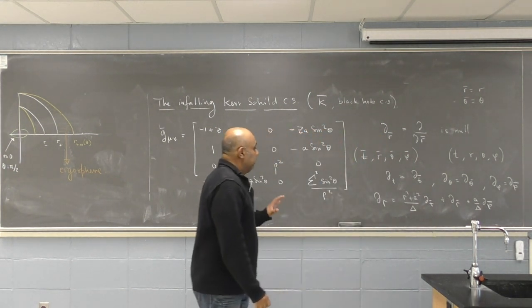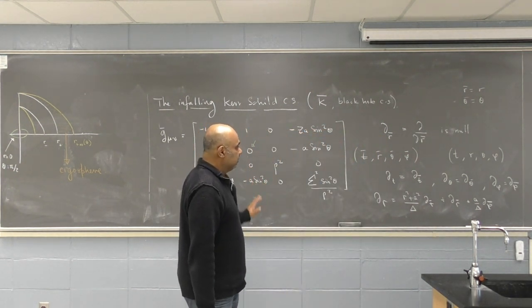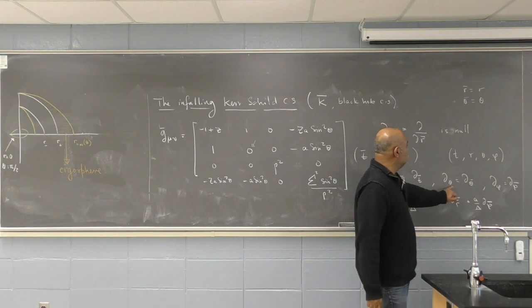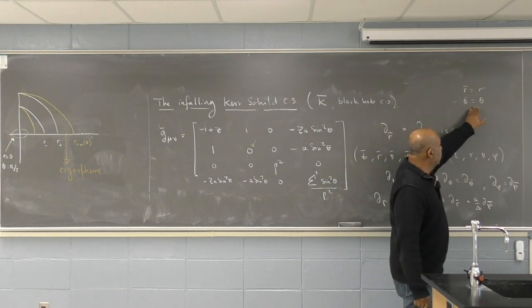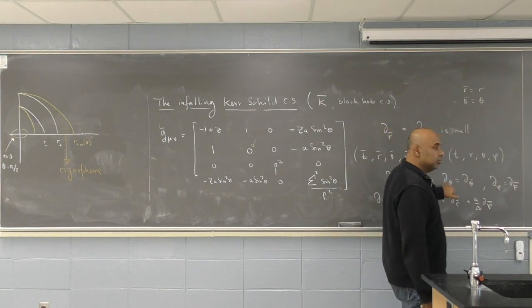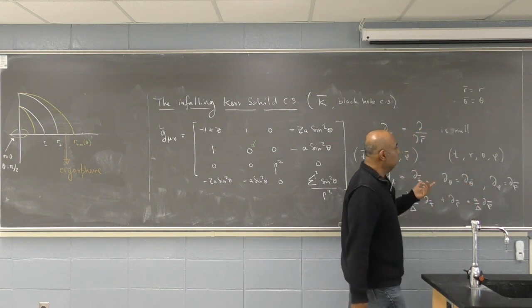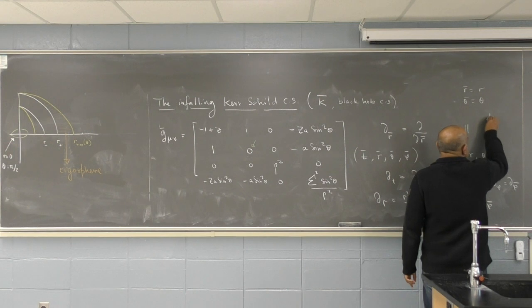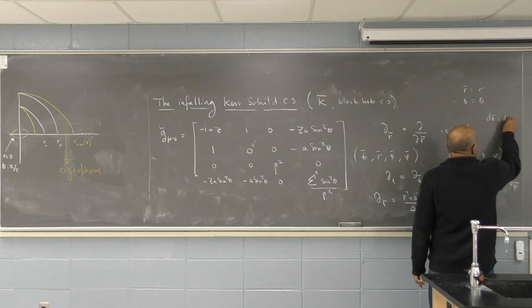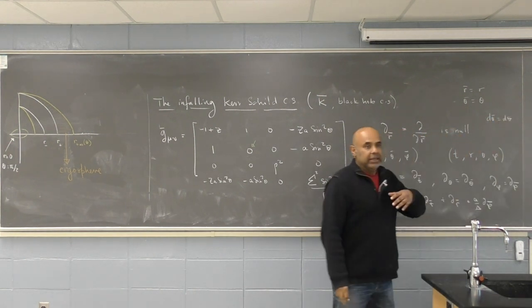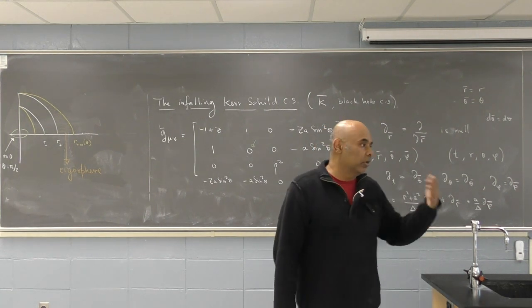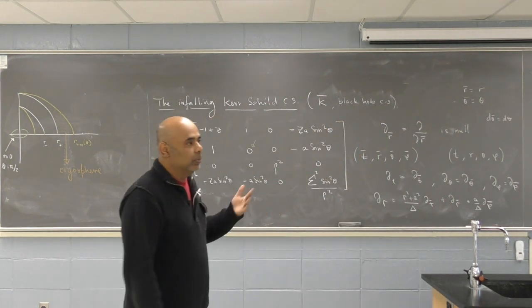There is no need to distinguish theta coordinates at all, because theta bar equals theta, and partial of theta is equal to partial of theta bar, and you can easily check that d theta bar is equal to d theta. So when I write either Boyer-Lindquist coordinates or the Kerr-Schild coordinates, I don't need to put a bar on theta.